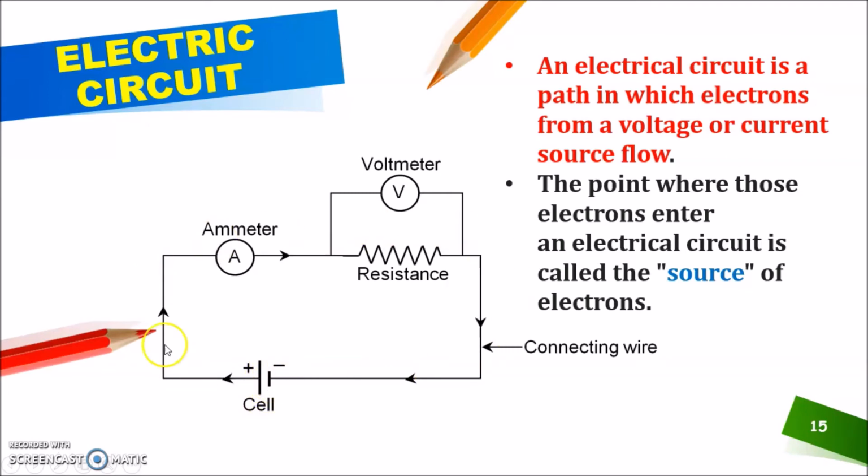This is our wire. A is ammeter, V is voltmeter. We will discuss this later on, and this is resistance. This also we have to discuss in my next videos. This is our wire, as I told you, connecting wires. So in this way you will be able to draw a simple electric circuit diagram.